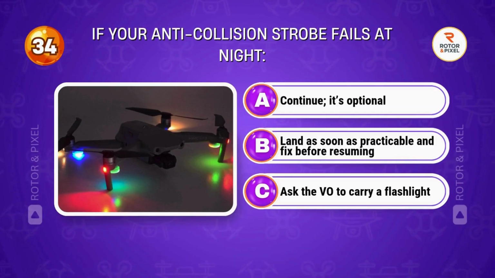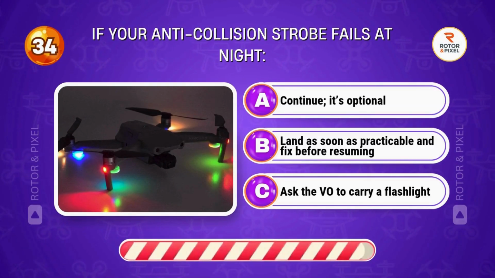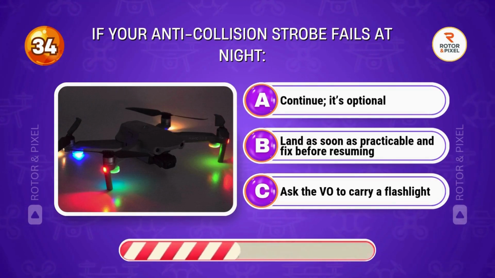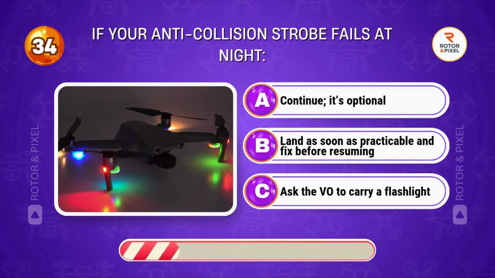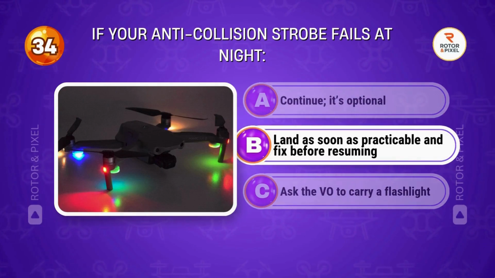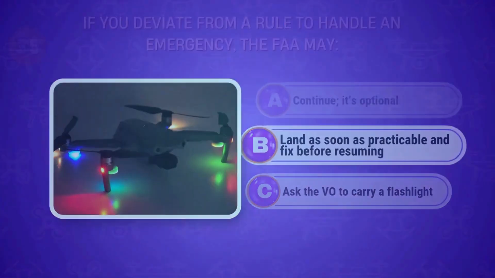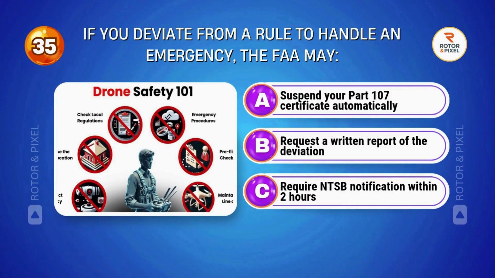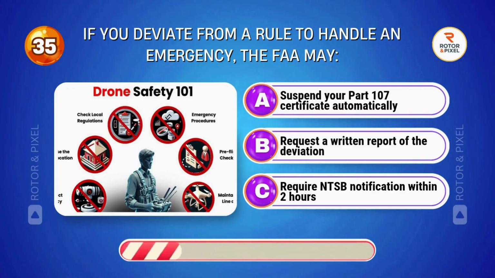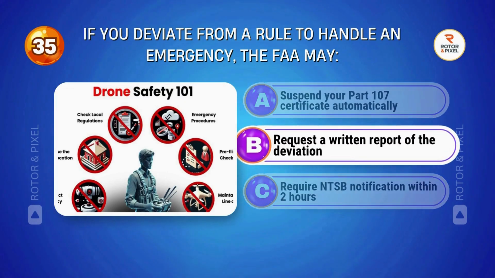If your anti-collision strobe fails at night... Answer B, land as soon as practicable and fix before resuming. If you deviate from a rule to handle an emergency, the FAA may... Answer B, request a written report of the deviation.